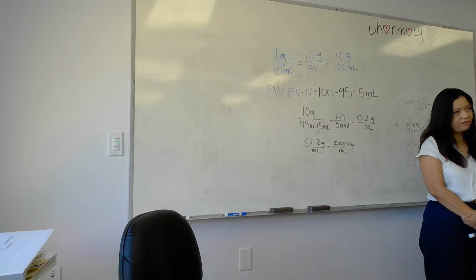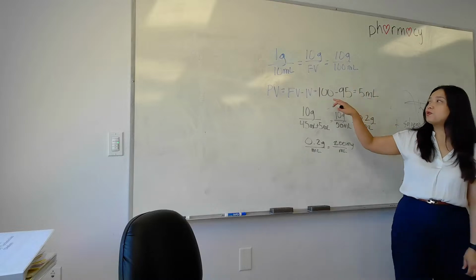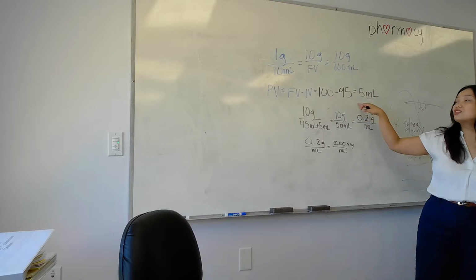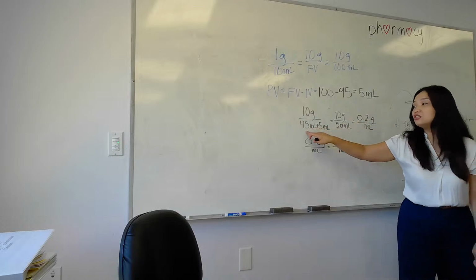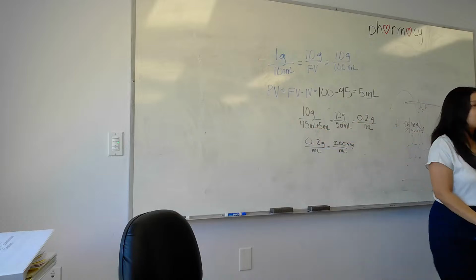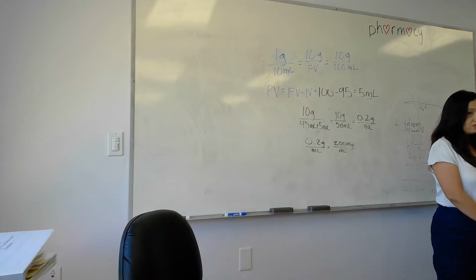I cannot use 45. I should not use 45 because it has to be the total solution. From the first problem, you figured that the active ingredient vancomycin dissolves into 5 ml, which means your denominator should be 50, not 45, for you to get the concentration.